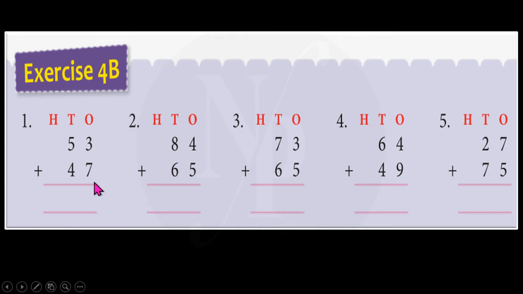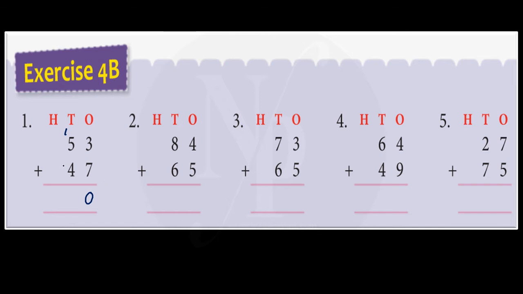So here, when we add 3 and 7, we get 10, and 10 is a 2-digit number. So we regroup 10 as 1 ten and 0 ones. 1 is carried forward to the tens column and 0 is written in the ones column.